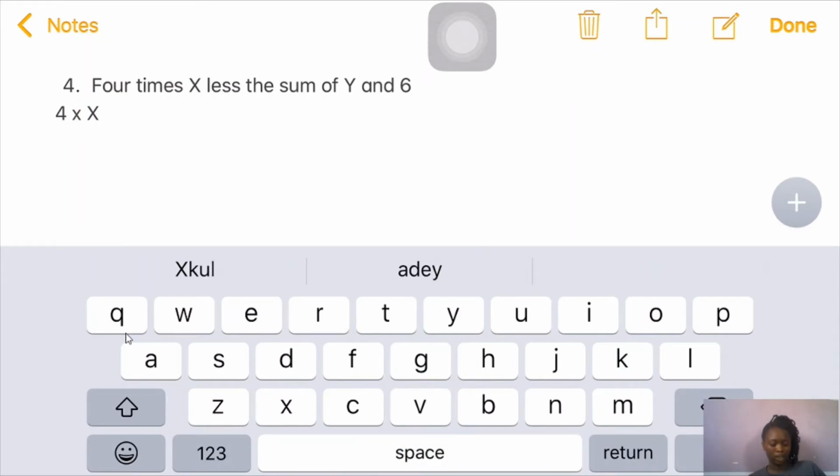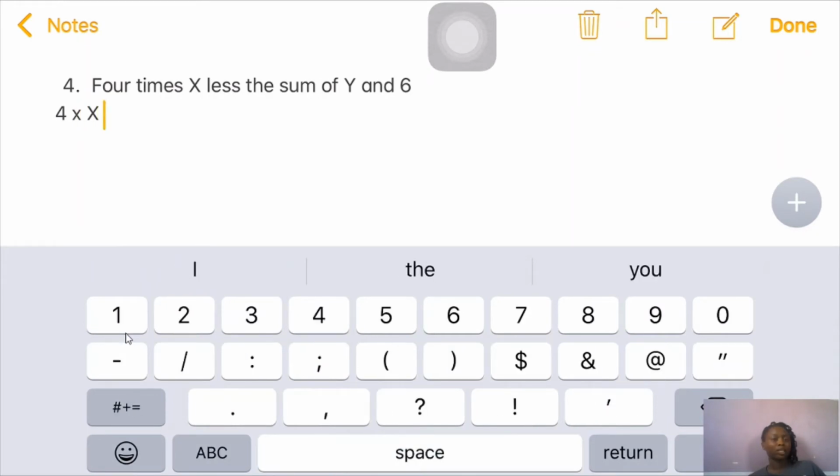4 times x less the sum of y and 6. So it's like we're taking 4 times x out of the sum of y and 6.